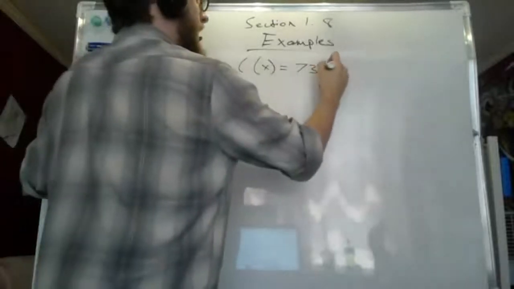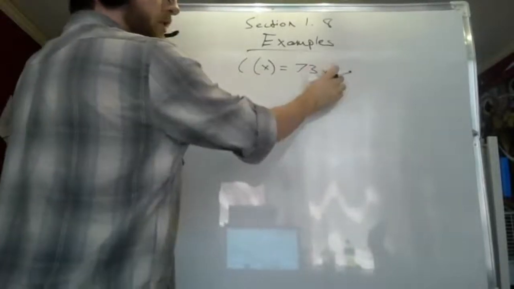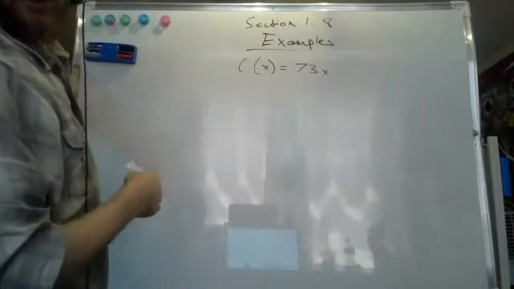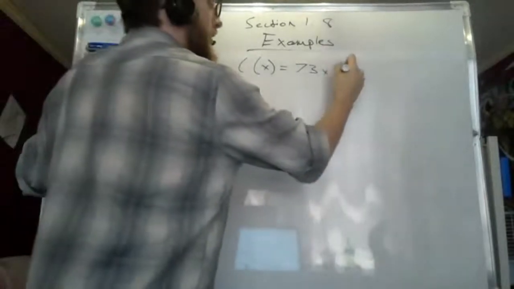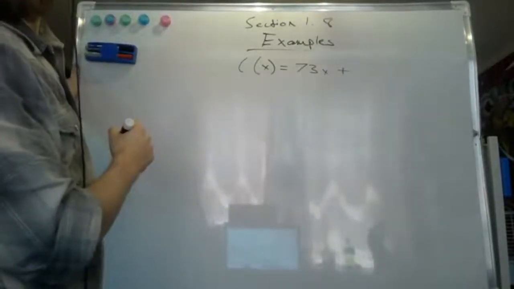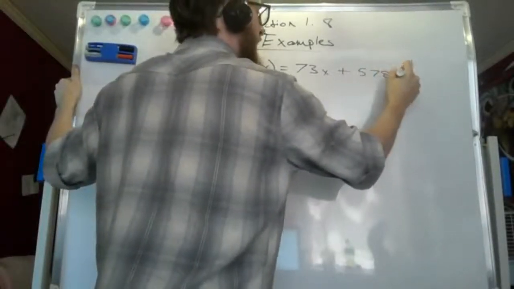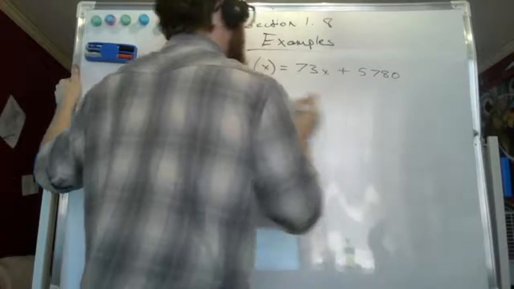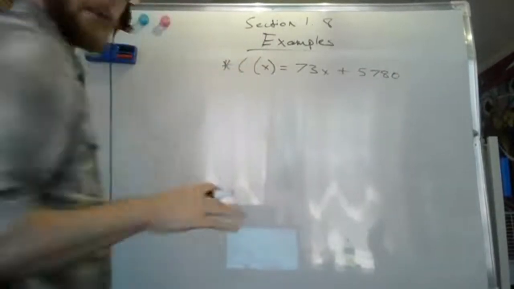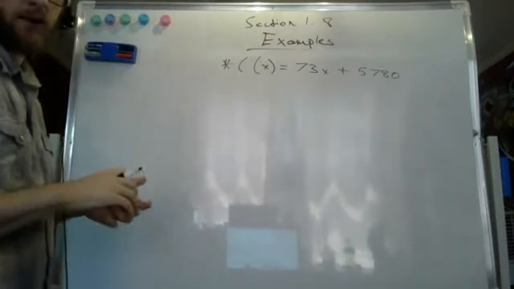So for every X, it costs us $73 to make it, plus a fixed charge of $5,780. And I'm going to stop there because there's a period in the word problem.